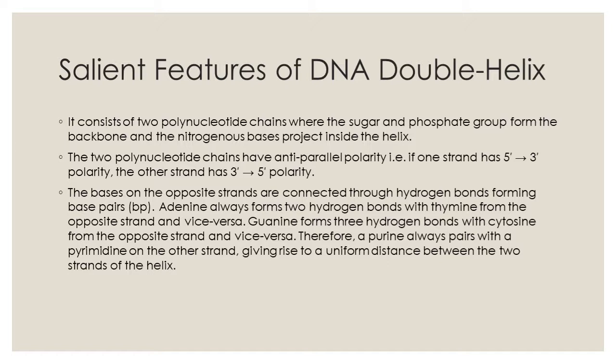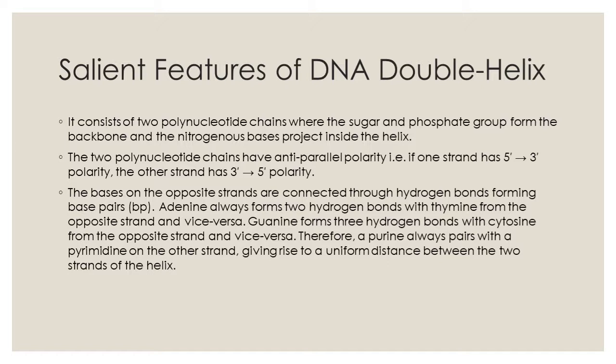Antiparallel means if one strand is 5 prime to 3 prime, then the other strand will be 3 prime to 5 prime. What do you mean by prime? Over here is the location which is vacant and where the new group will be attached, that is 5 prime means 5th position and the 3rd position.